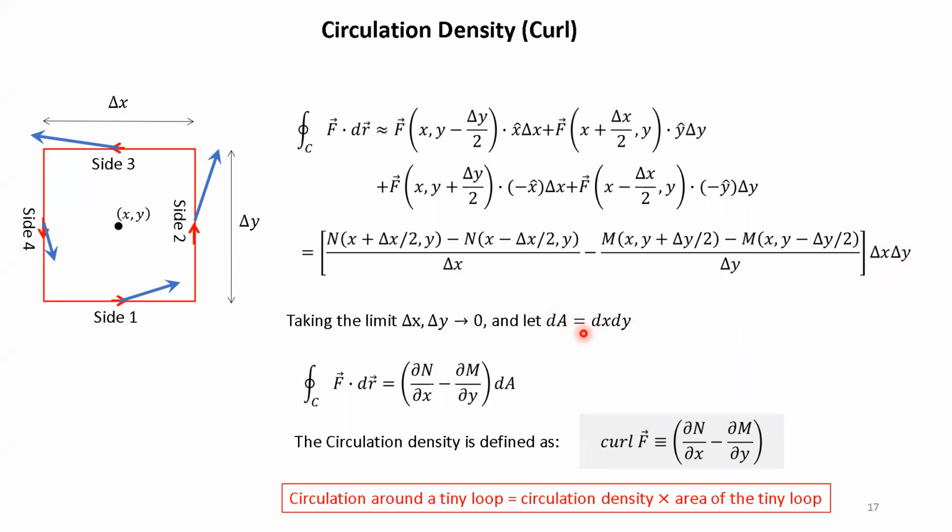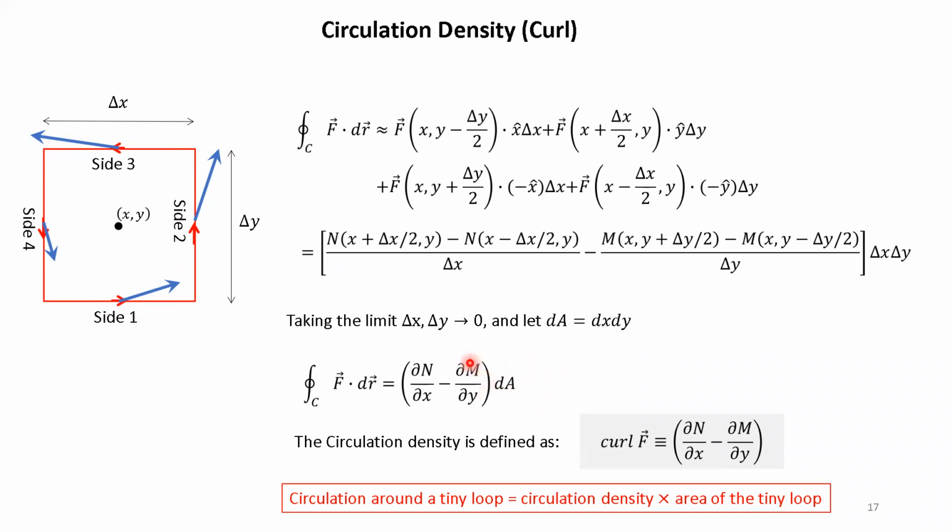You understand why I call it dA, right? Because it is exactly the area enclosed by this loop. So now this line integral suddenly becomes some partial derivatives multiplied by the area enclosed by this loop.